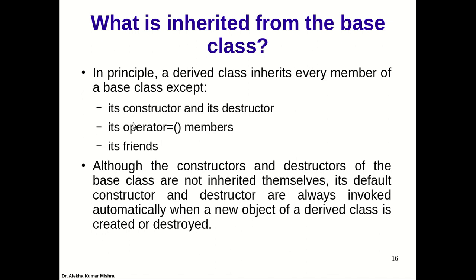And friend: if some function is a friend of the base class, that doesn't make it a friend of the derived class. Except for these, every data member of the base class is inherited. It may or may not be accessible, but it is definitely inherited in the derived class.